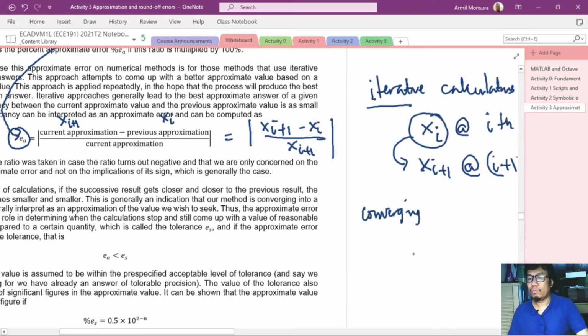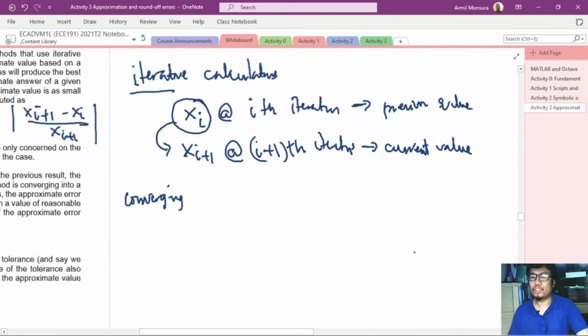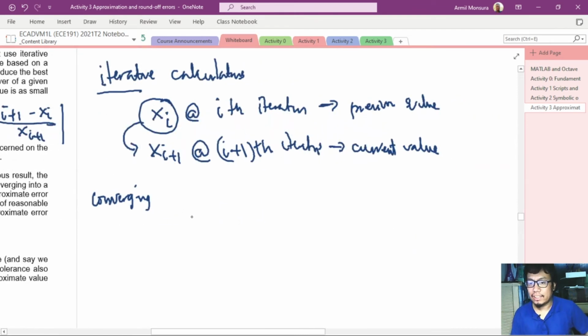What you would like for your iterative calculations to happen is that as you execute your iteration, the results generated by your calculation become closer and closer to a particular value. For example, meron kang x1, your first result of your iteration. Yung x2 yung susunod diyan. Tapos yung x3 yung susunod dun sa x2. Tapos yung x4 yung susunod sa x3 and so on.